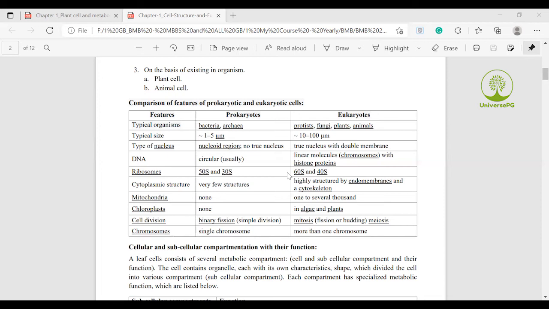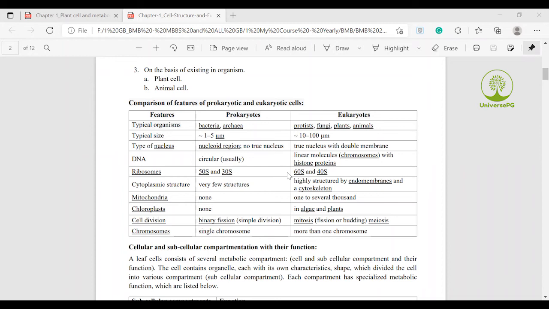Mitochondria are not found in prokaryotic cells but are found in eukaryotic cells. Chloroplast is not found in prokaryotic cells. Eukaryotic cells such as algae and plants generally contain chloroplast. Cell division generally occurs by binary fission in prokaryotic cells, and in eukaryotic cells by mitosis and meiosis.